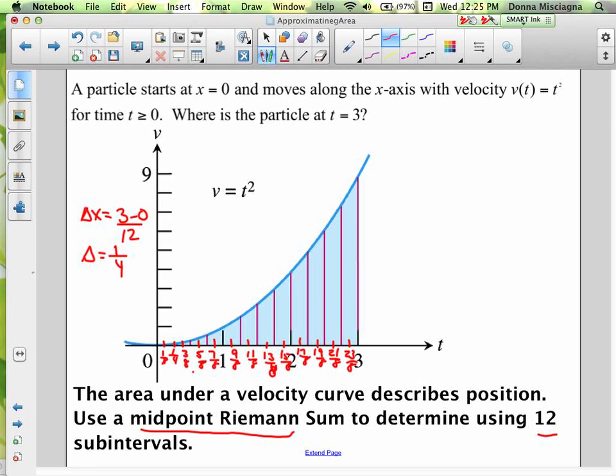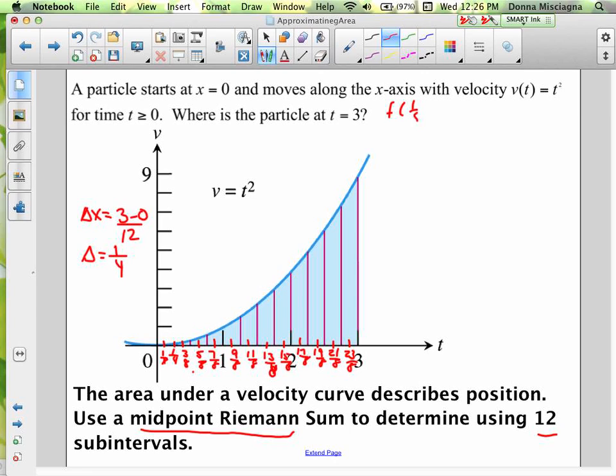So now, fortunately, we have an equation. We don't have to try to approximate it on this graph here. So we're going to need to know the following, and the class who's here will help me out with this.